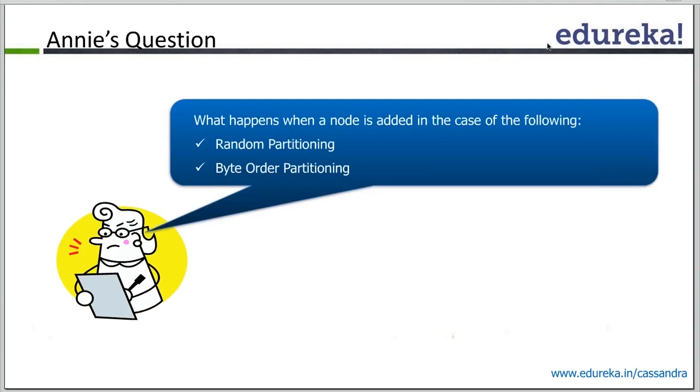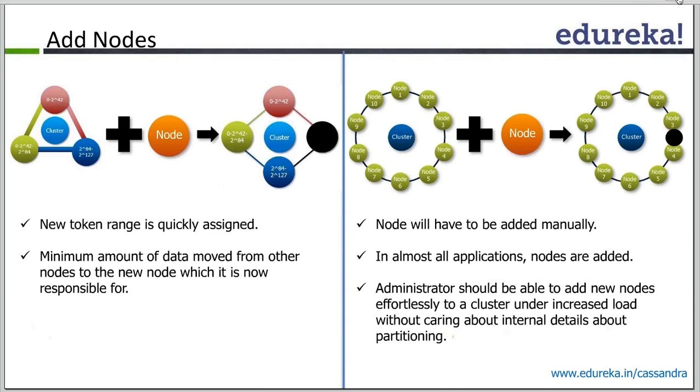And again, what happens when a node is added in the case of random partitioning or byte order partitioning? Okay, so this is exactly what happens. In the case of random partitioners, a new token range is quickly assigned, because it knows there is a new node in the cluster.